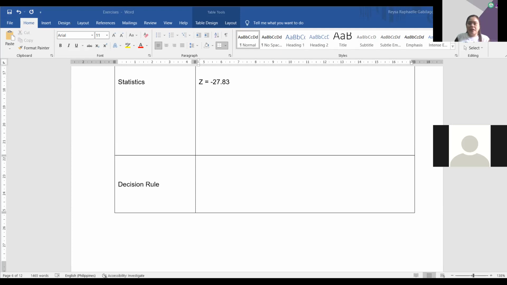Yung decision rule muna. Ano ba decision rule natin dito? Rule ha, I'm talking about the rule. Not yet the decision. Later na yung decision, sa conclusion na yun. Hindi ko nakita sumagot.